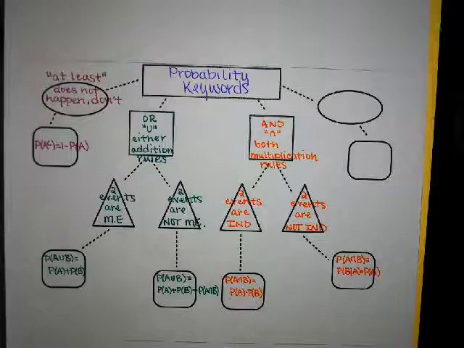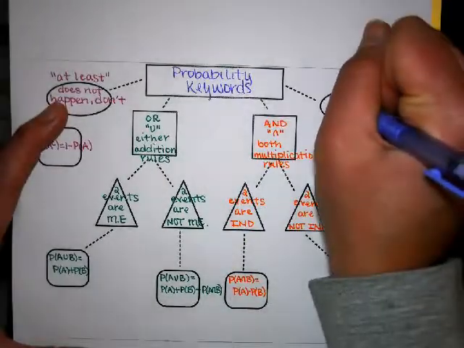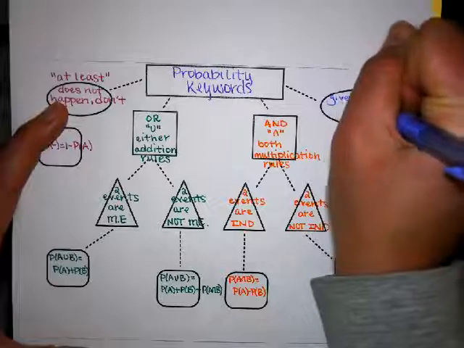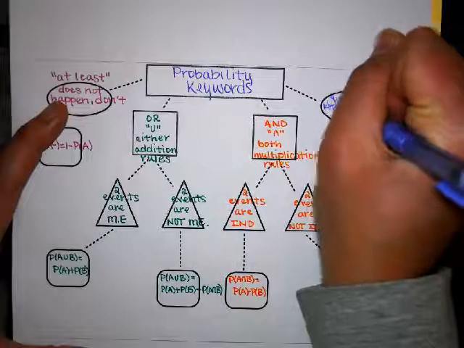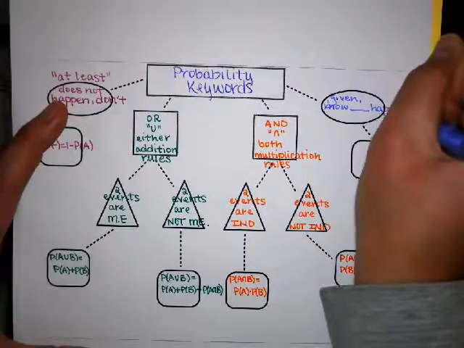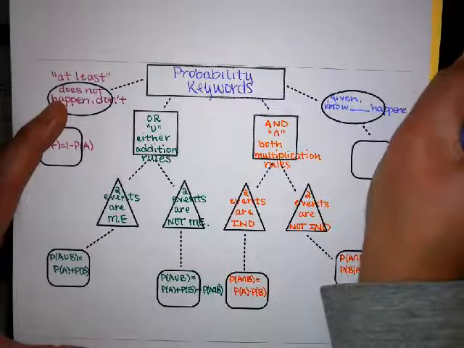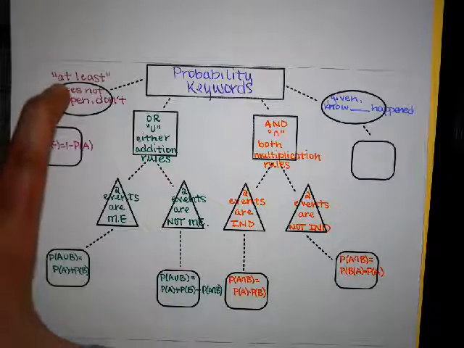And then the last one is our conditional probability. So keywords there would be given. So given a condition, you know something happened. When we were working with the cards, it said something like, "What if the card selected is red?